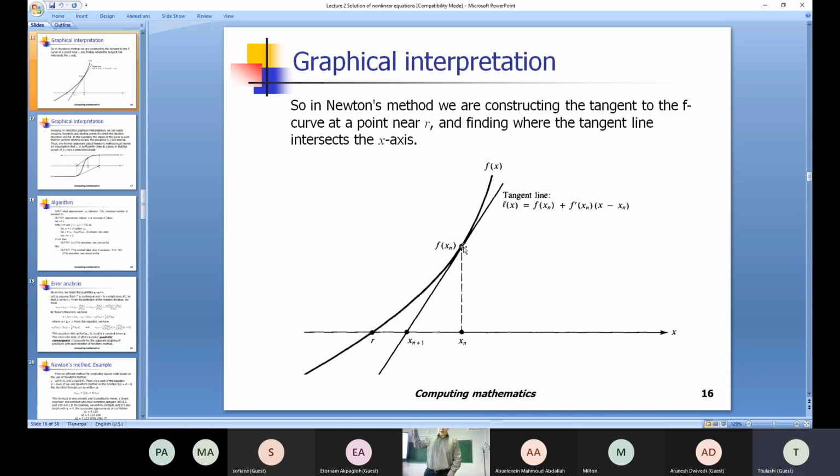And we can draw this line at the point xn, and we can take the point of intersection between the tangent line and x axis as the next point, x n plus 1.